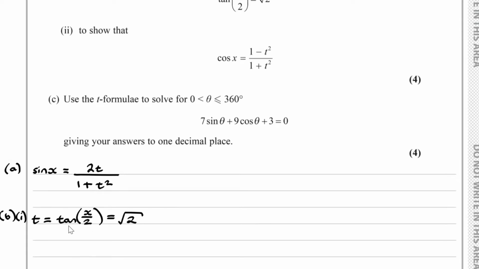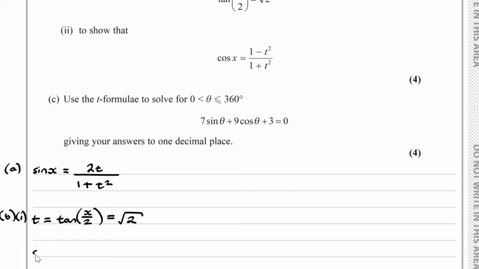So we've got t equals tan of x upon 2 equaling root 2. We wish to find the exact value of sin x, and all we have to do is simply substitute this value of t into our formula for sin x.